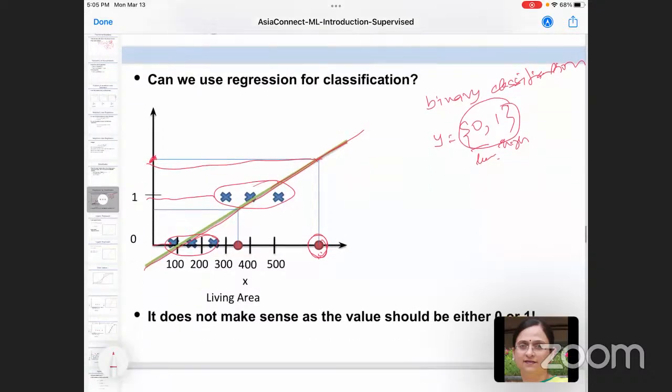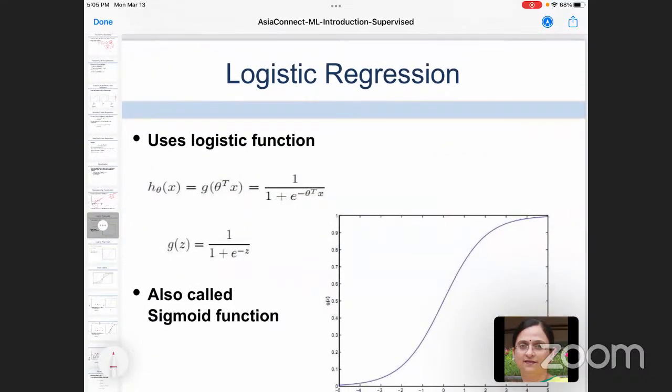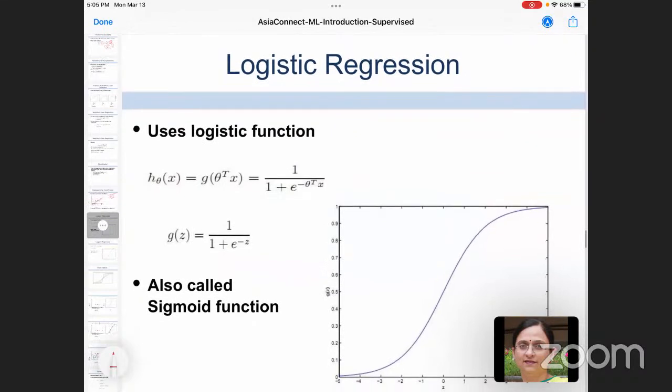But what should we do? So there comes logistic regression. Logistic regression is a little different from linear regression, but conceptually there are lots of similarities between the two. As you can see here, in linear regression h theta x was only theta transpose x.